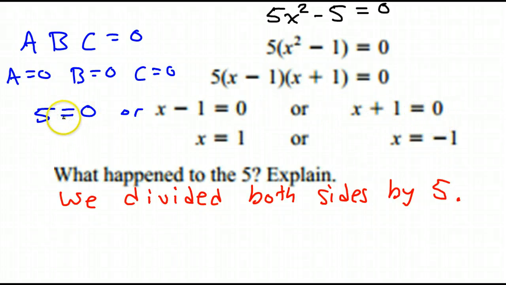This one doesn't make any sense. 5 does not equal 0. Okay, so we can disregard that as a possibility. It's not a possibility.